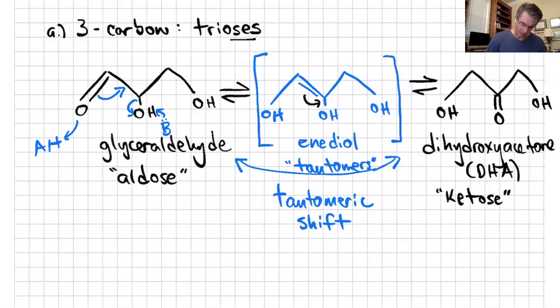If you look at that carbon right there, the one right alpha in this sugar to the carbonyl, that aldehyde, there's something else you should note about it if you remember your basic organic chemistry.